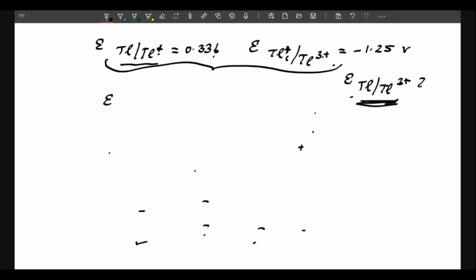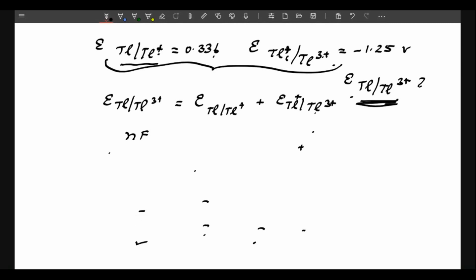Immediately, I am writing the relationship. E of Tl3+ bar Tl should be equal to epsilon of Tl+ bar Tl plus epsilon of Tl3+ bar Tl+. Then what is the relationship?